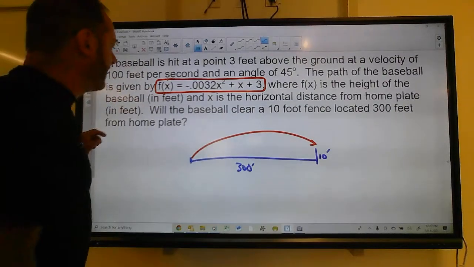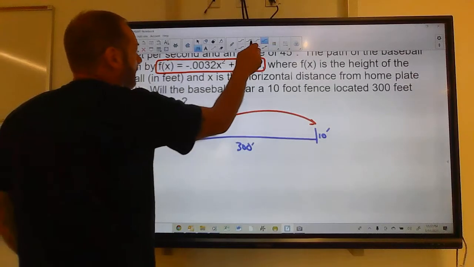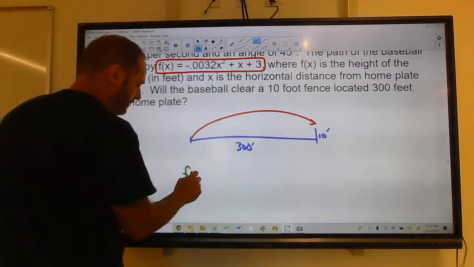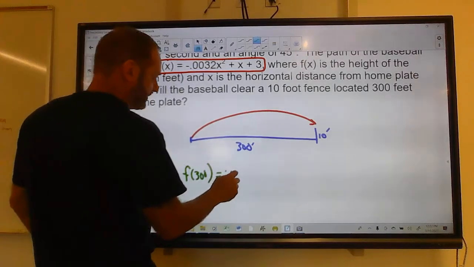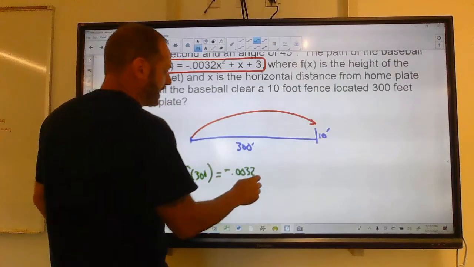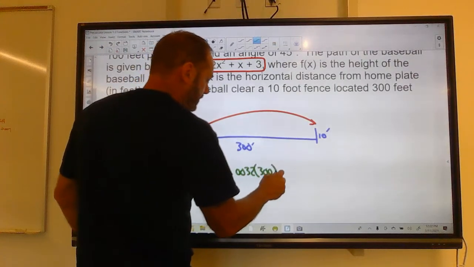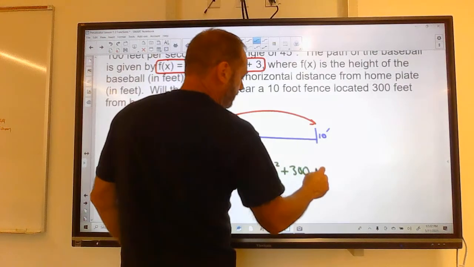Okay, so remember, f of x is the height of the ball, so all I've got to do is put 300 in here. I've got to find f of 300. So this would equal negative 0.0032 times 300 squared plus 300 plus 3.